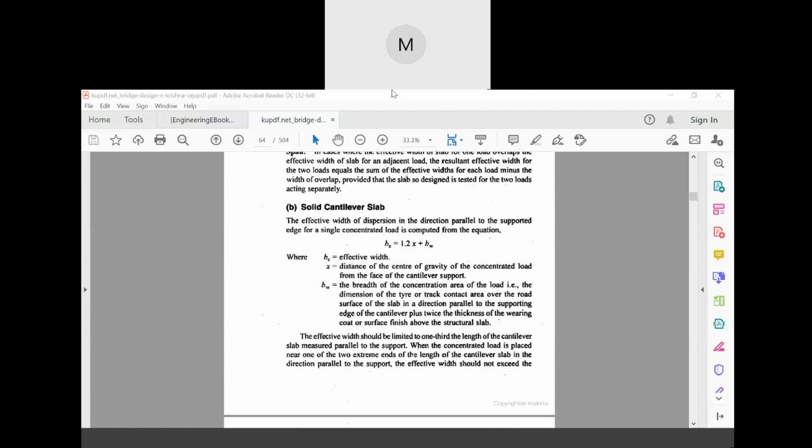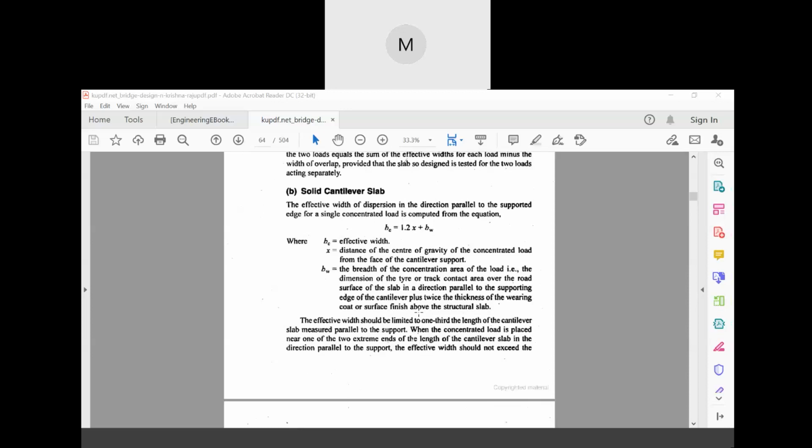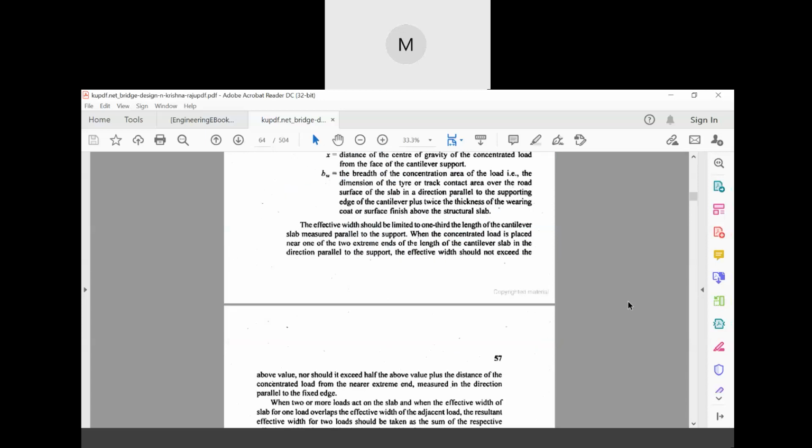Now for a solid cantilever slab, the effective width should be limited to 1/3 of the length of the cantilever slab, measured parallel to the support. Now when the concentrated load is placed near one of the extreme ends, the effective width should not exceed the above value, nor half the above value plus the distance of the concentrated load from the near extreme end.